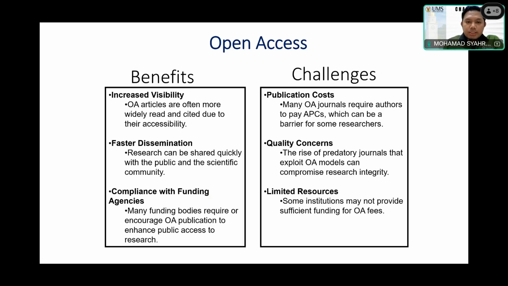Now, I've mentioned that open access increases visibility compared with the green one, the subscription. Faster dissemination, of course. Compliance with funding agencies. You have to think about whether UMS has some support for open access, so you have to check.